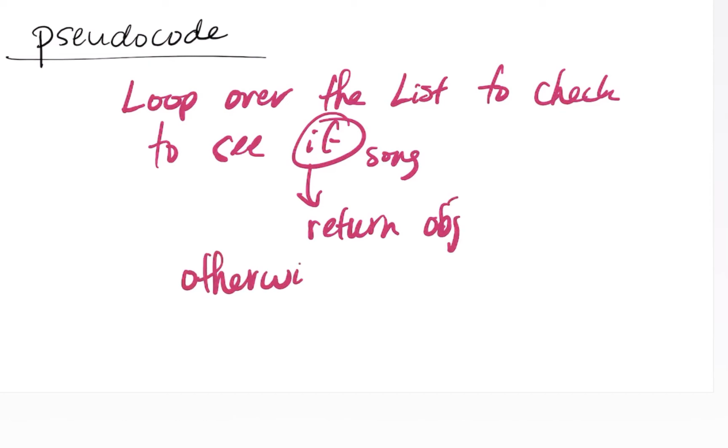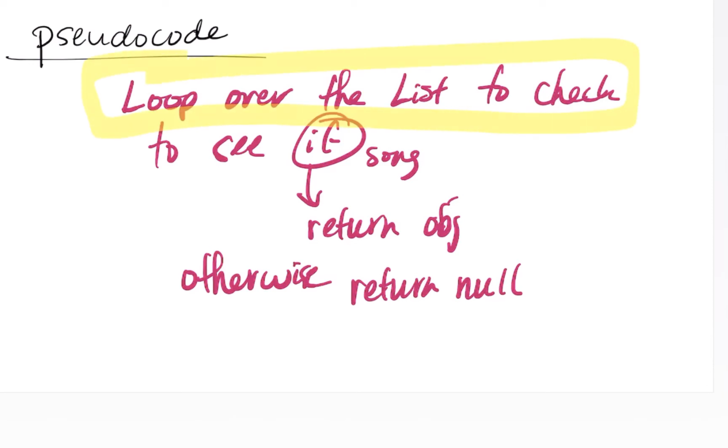Otherwise, we want to return null. So that is what I took away from that problem. We know that we need to construct some sort of loop to check over every element in the list, and we're checking to see if the song is there. We know that we should return the reference to that object. Otherwise, we should return null.